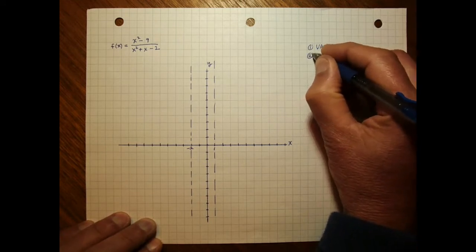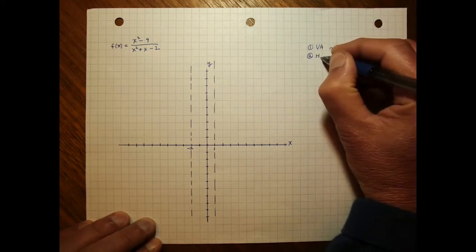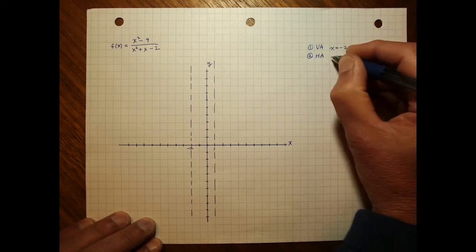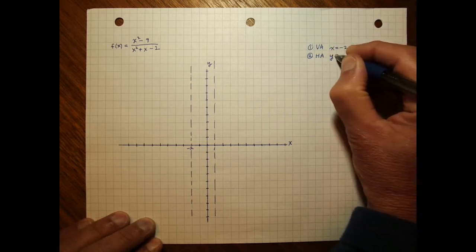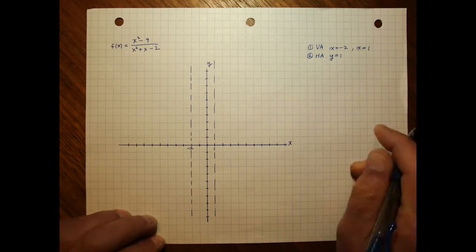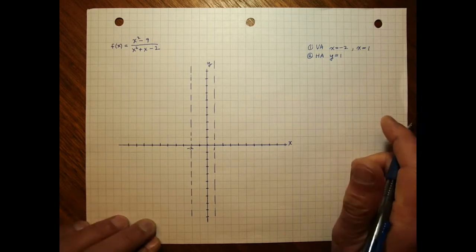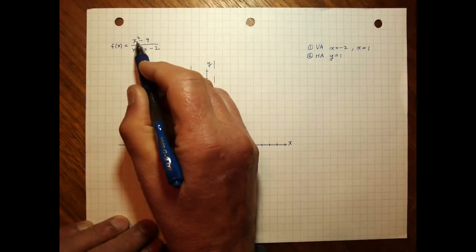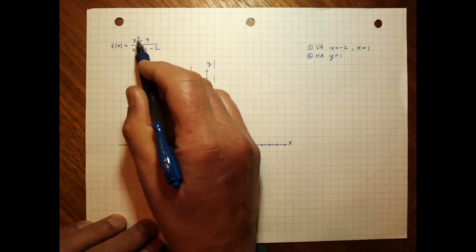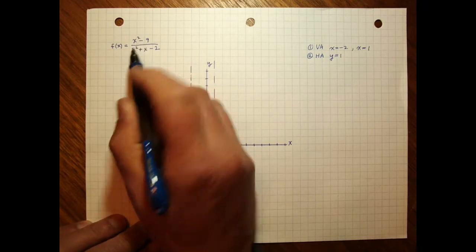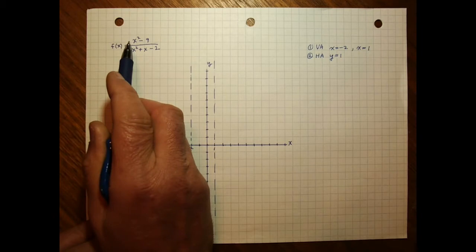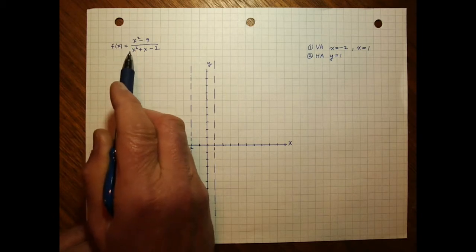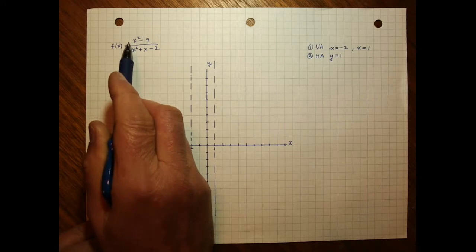We also found out in class that there's a horizontal asymptote along y equals 1, that horizontal line. If the degree of the numerator equals the degree of the denominator, here they're both of degree 2, I just take the lead coefficient of the numerator over the lead coefficient of the denominator. In this case, that's 1 over 1.